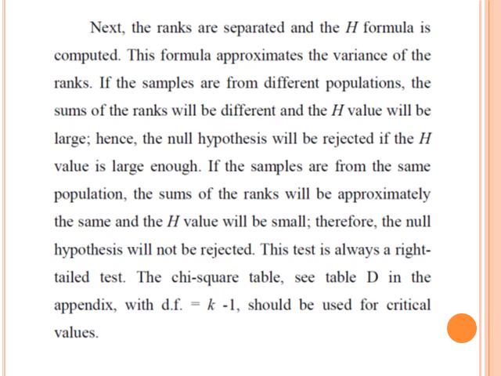If we find that the value obtained is large because of the difference in the values of the ranks, then the value of the formula for the Kruskal-Wallis test is very large also, so the null hypothesis will be rejected if H is large enough. If the samples are from the same population, the ranks will be approximately the same and H will be small. Therefore, the null hypothesis will not be rejected.